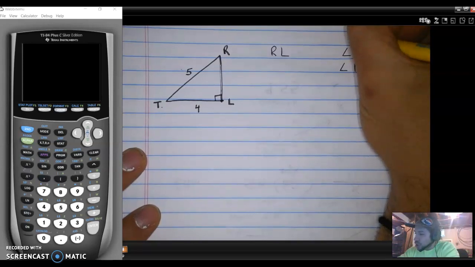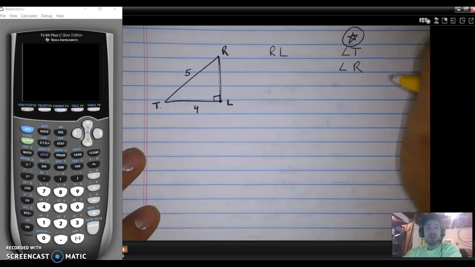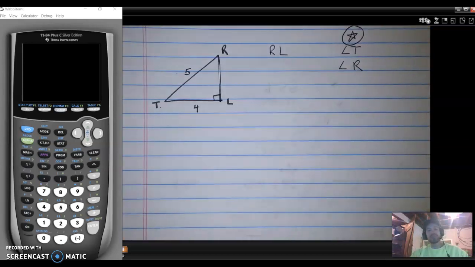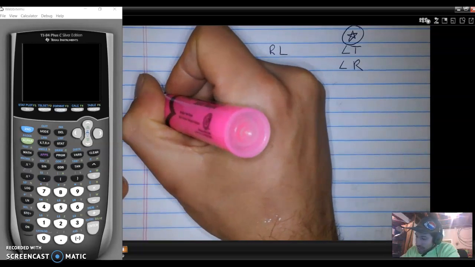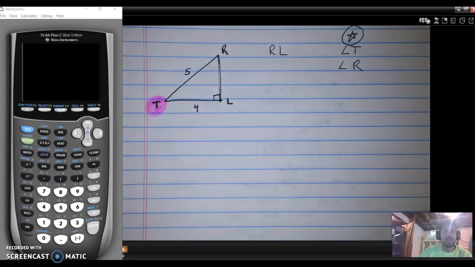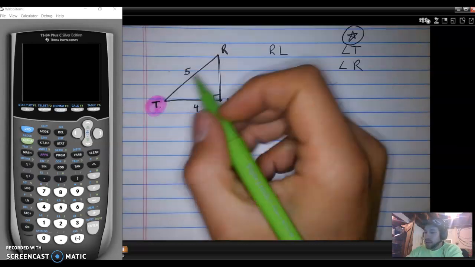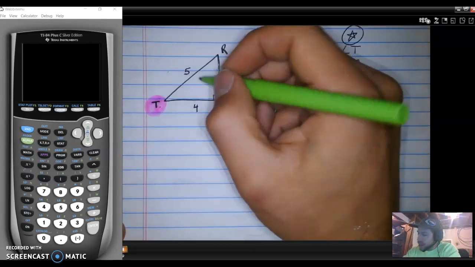I tend to start with what we need to know more of. We need to know more angles, so I'm going to start with angle T. Notice how I'm highlighting it, right? Highlighting angle T lets me know that that's my angle of interest. Once I've done that, I'm going to label my sides. Let's label our hypotenuse first.